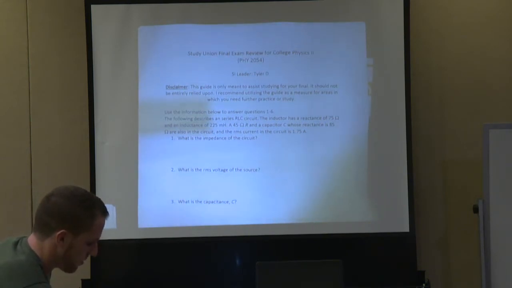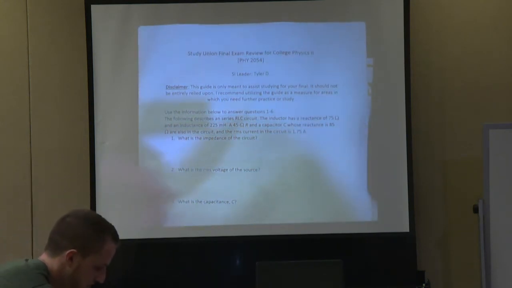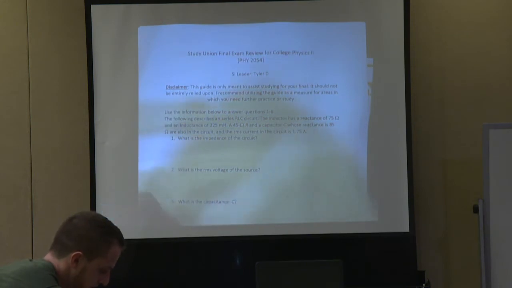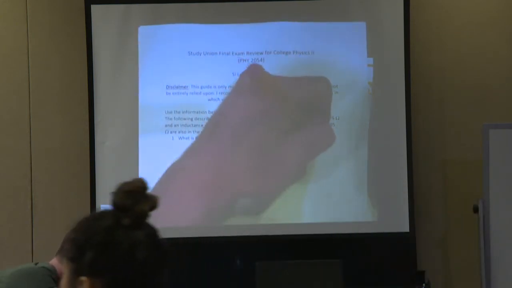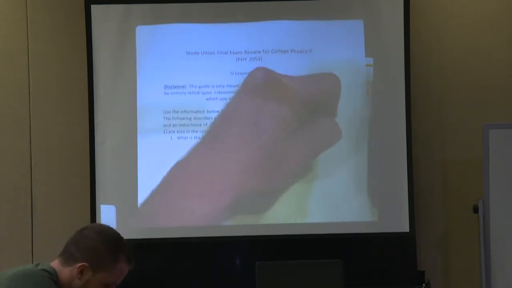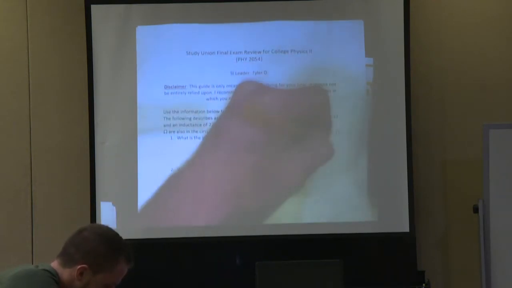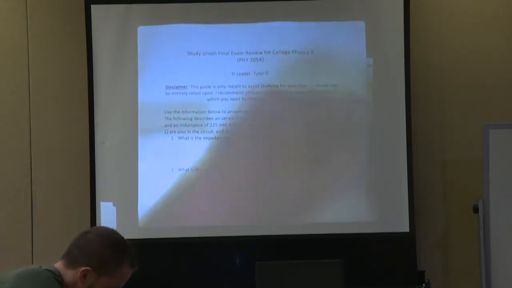So for questions like this, I always like to just write out everything on the side just to get an idea of what numbers I'm working with. So I have an inductor with reactance of 75. Inductance of 225.